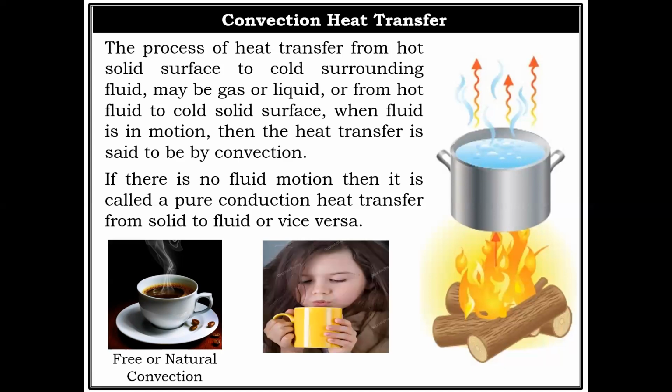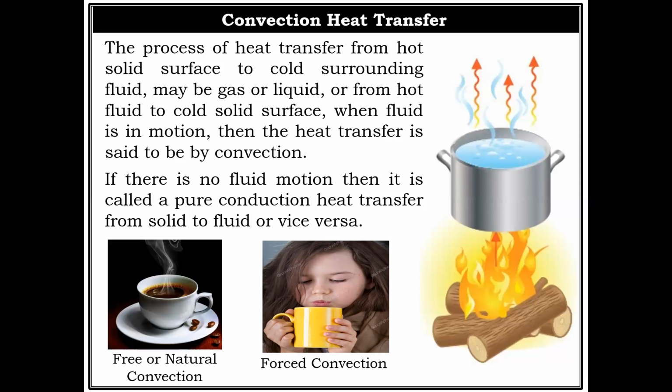And the second is forced convection, where we apply air motion by some external means. That means we blow air with the help of fans, blowers, or any other external means to cool down hot fluids or hot surfaces.